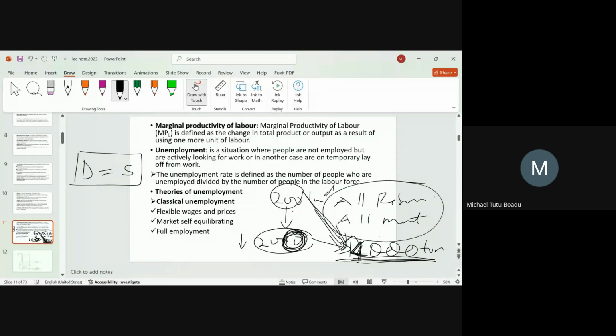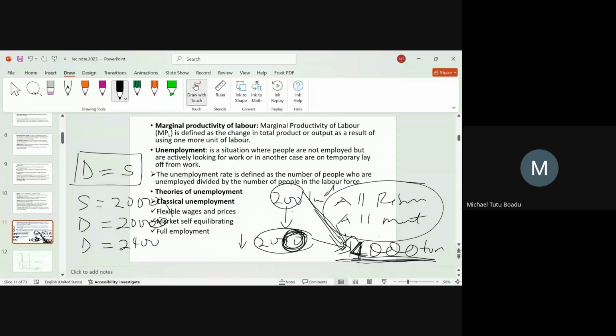In that, if supply is 2,000, it means given all the resources of this economy, they can only produce 2,000. If the population or demand is 2,000, then there will be equilibrium. But in a situation where demand is increasing to 2,400, they believe that government should not do anything.